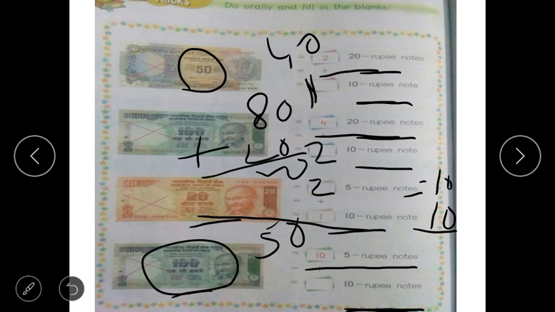Then how many 10 rupee notes will you take to make it 100? This is already 50. Then five 10 rupee notes. Okay. Five 10 rupee notes will be 50, and 50 plus 50 is 100. So it will make 100 rupees.